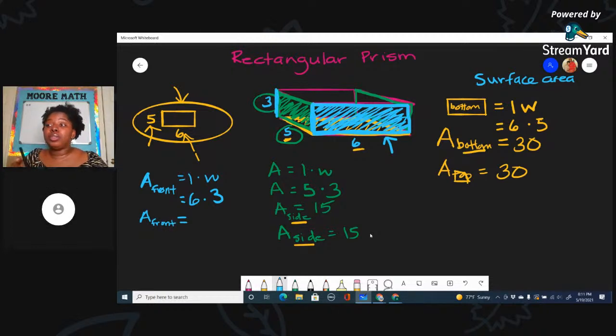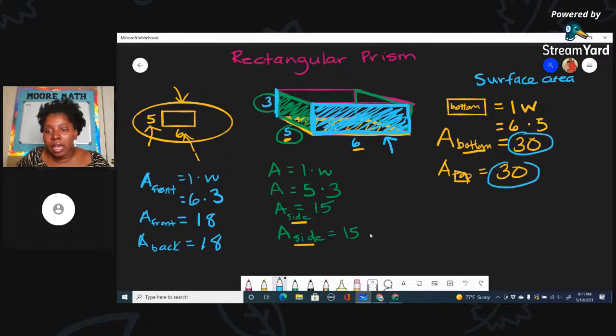Okay, 6 times 4 is 24. Go down 1. 6 times 3. 18. Yes. Good. Okay, so if the front is 18, that means the back is 18. Excellent. Now, what am I going to do with these 6 areas?